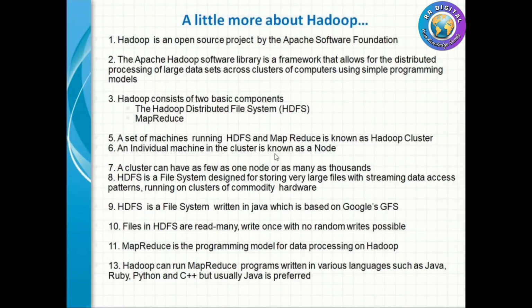MapReduce allows you to process your data stored inside HDFS. On top of HDFS they implemented the MapReduce model. Hadoop can run MapReduce programs written in various languages such as Java, Ruby, Python and C++. But usually Java is preferred. Java is preferred because they implemented big data Hadoop using Java framework. That's why by default Java is preferred.